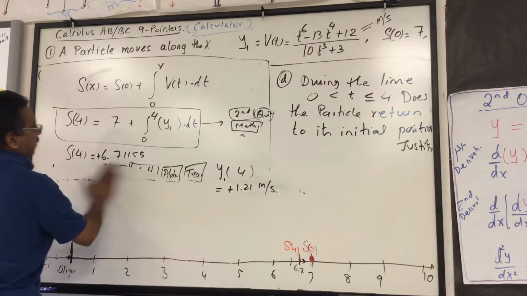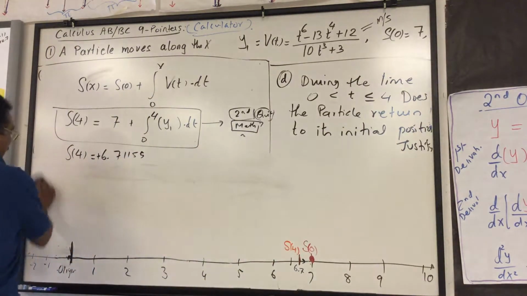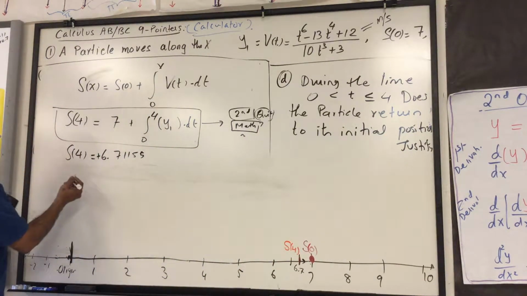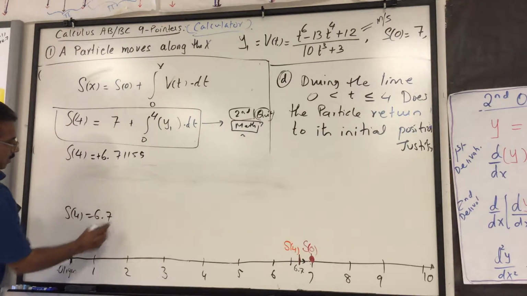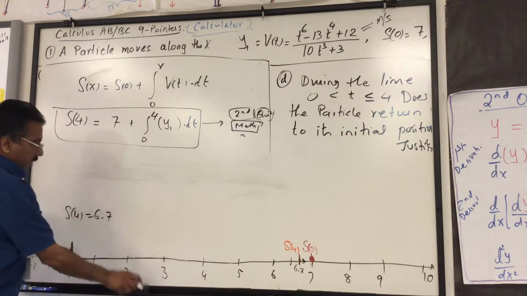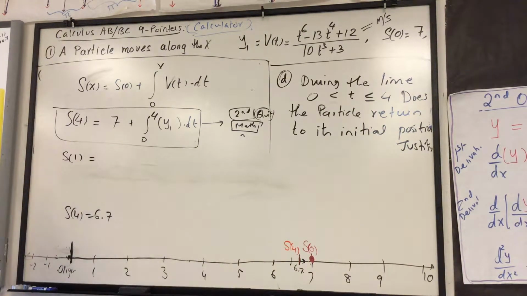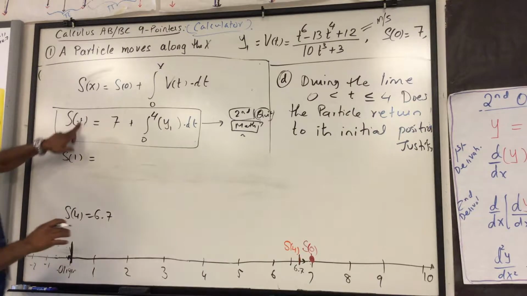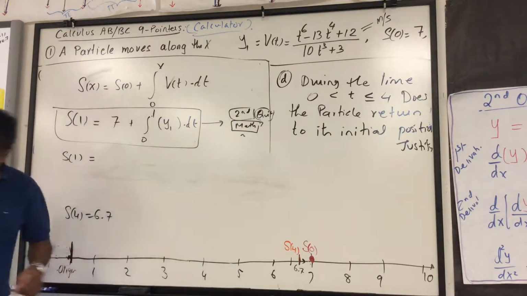So let me click S of 4, we already know. So that was S of 4, which I'm going to write here. But what is S of 1? Let's see. So if you click on this S over here, put a 1 here, and change this to 1.